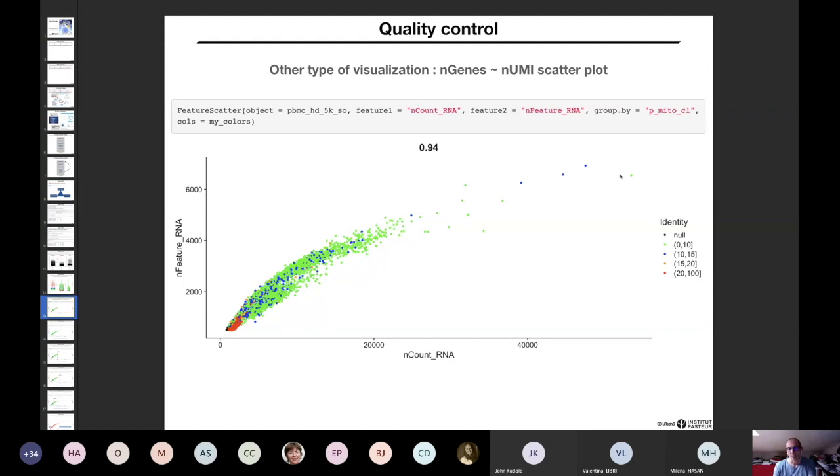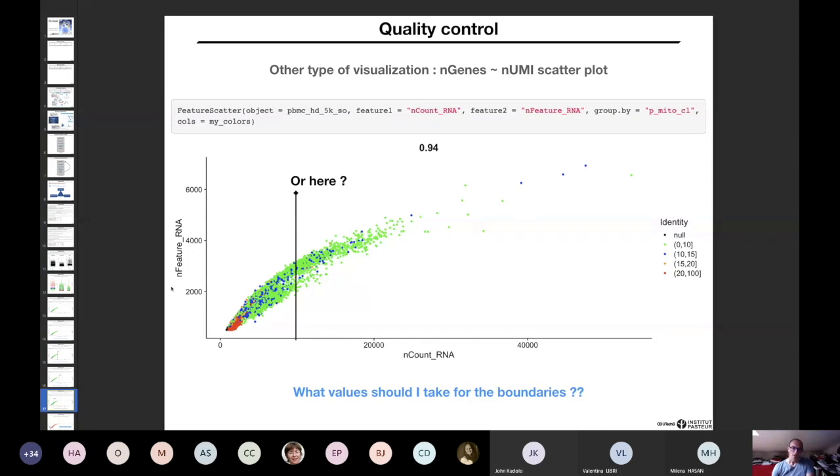So how can we use this graph to try to find boundaries and limits for the number of UMI that we're going to use as minimum or maximum, and same question for the genes? Are we going to put the boundary for the maximum number of UMI here, or here, or here at 10,000?